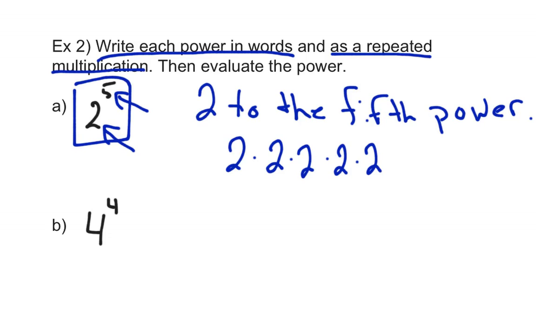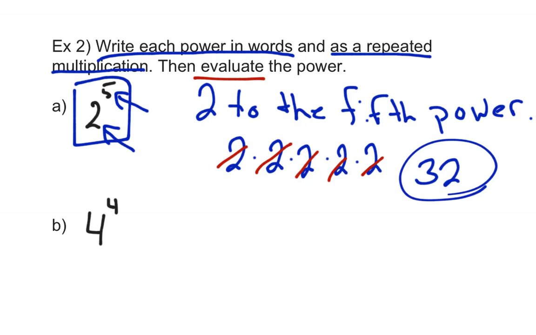And then finally, the last sentence here: then evaluate the power. The word evaluate is kind of a big word. We need to know that it means to solve it. So now they actually want us to get a final answer. If I just start doing this, 2 times 2 is 4. That 4 times 2 gives me 8. 8 times 2 gives me 16, and 16 times 2 gives me 32.